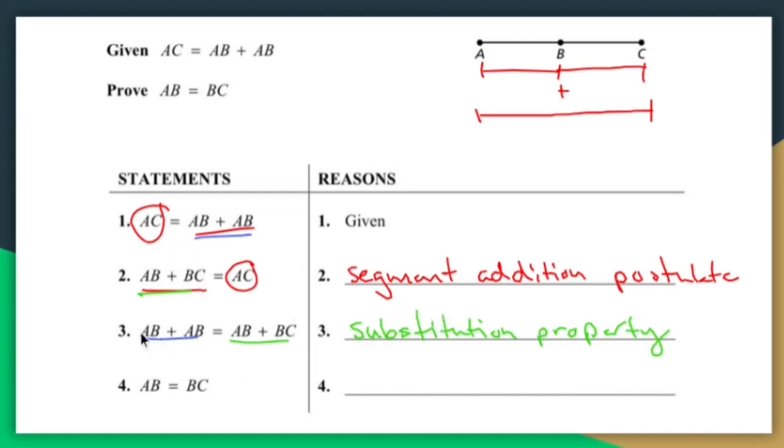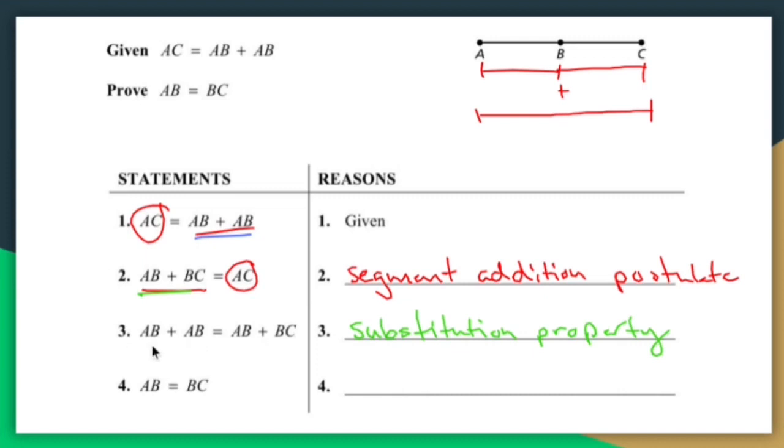Now let me clean this up so I can see it, because I'm at my last step and I need to see how I can get from 3 to 4. AB plus AB equals AB plus BC. All of a sudden, it's now AB equals BC. How can I go from two things on the left and two things on the right to one thing on each side? I would have to get rid of one from each side.